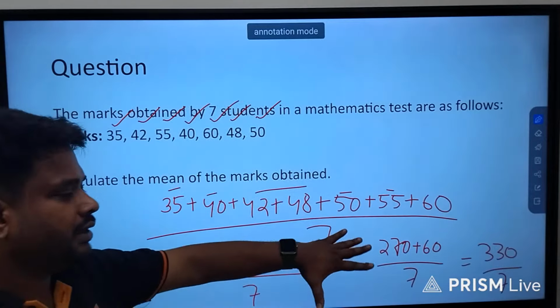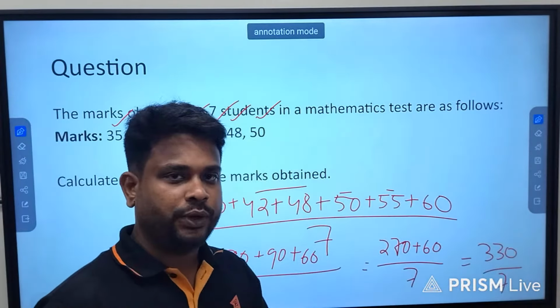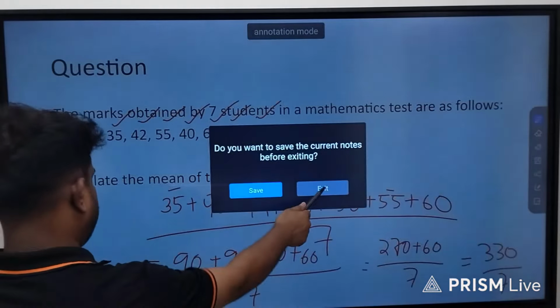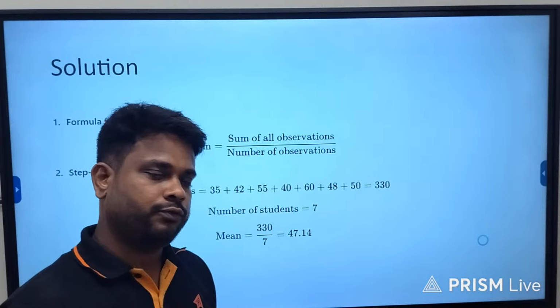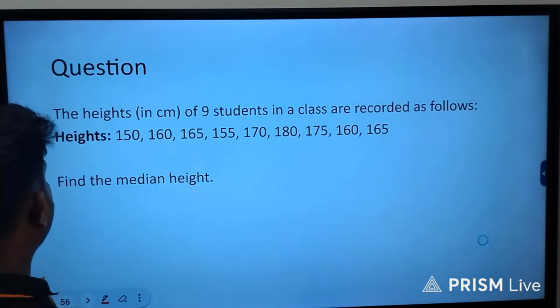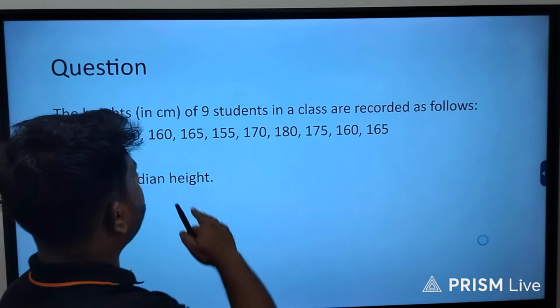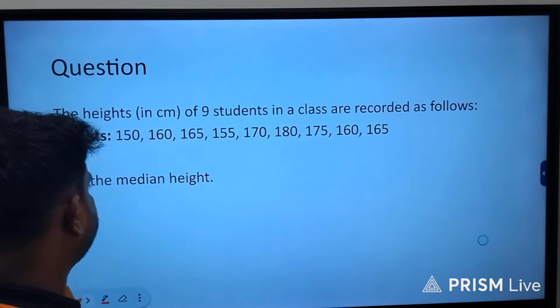After solving it, we get the mean of the given data, which is 47.14.